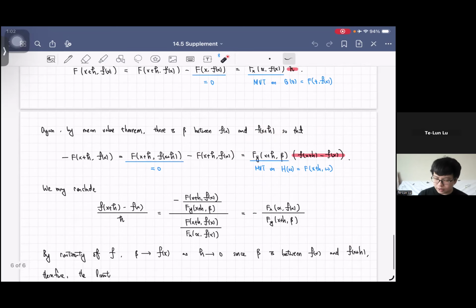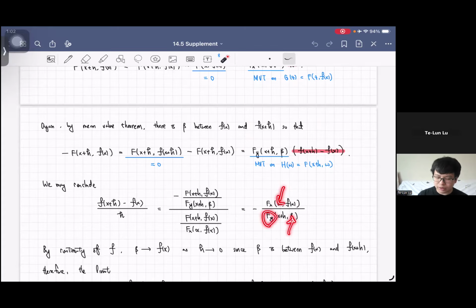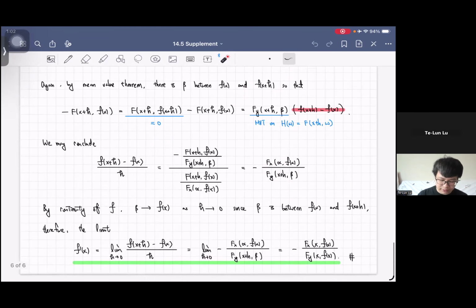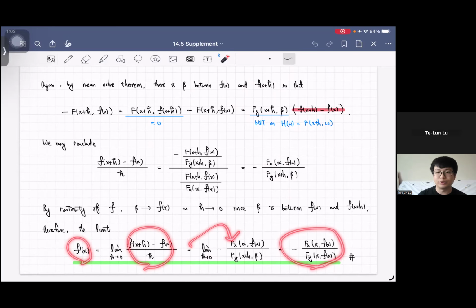Lastly, the input converges and the output also converges because of the continuity assumed for f_x and f_y. Therefore, we see that f prime of x, given by this difference quotient taken to the limit, is indeed what we assumed, which is minus f_x divided by f_y, plugging in the corresponding point (x, f(x)).